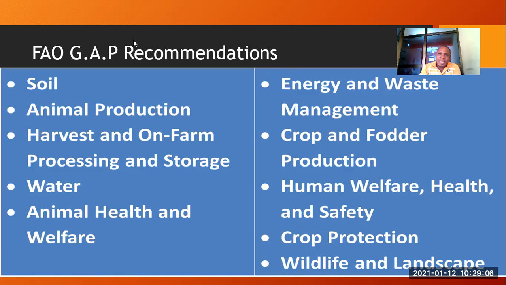So these are the major chapters. When you are developing your good agricultural practices, these are the major things you should touch on. And you see later on that the GlobalGAP standard touches on all these things, because these are the basic things which must be handled according to FAO recommendation.